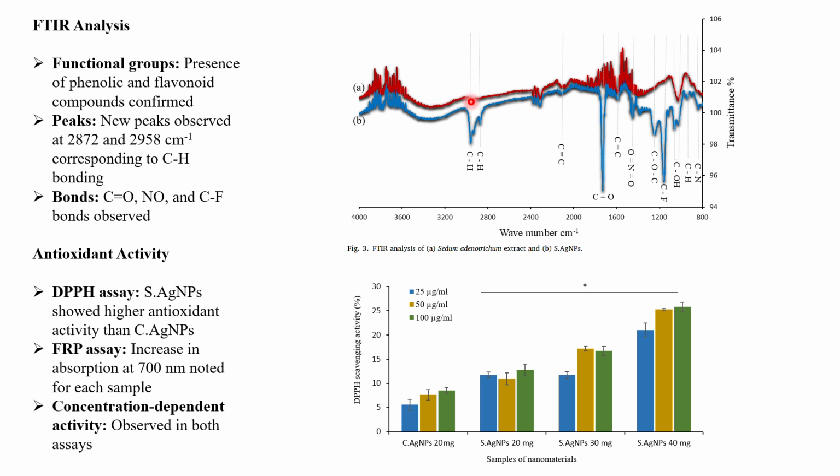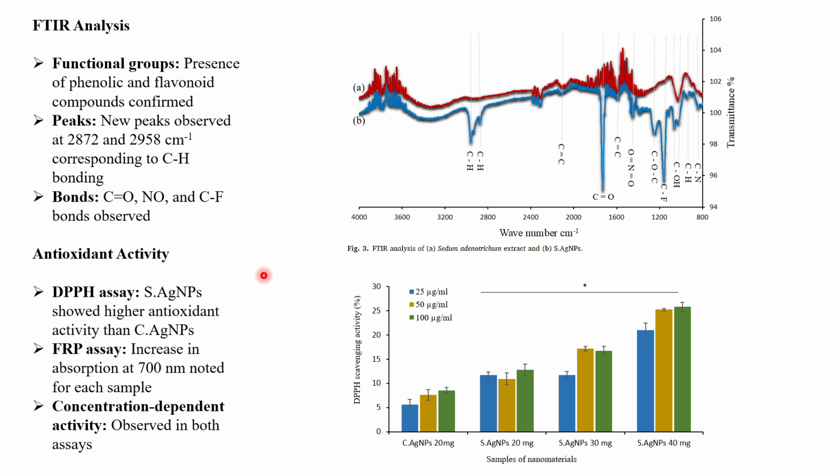So we have different observations. Here there is no peak at 2872 and 2958, but after the synthesis of nanoparticles there are two peaks that have been generated. It means that something was done to our extract. What was done is that our nanoparticles were synthesized and they have an effect on our extract.